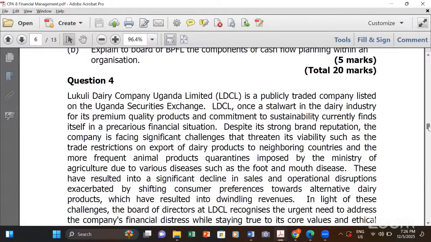In fact, I advise students, even when you are doing a recommendation, at least comment about a name in that scenario. If it was an argument between the finance director and the MD, bring their names. Show the examiner that you are contextualizing, you are advising something you have read.